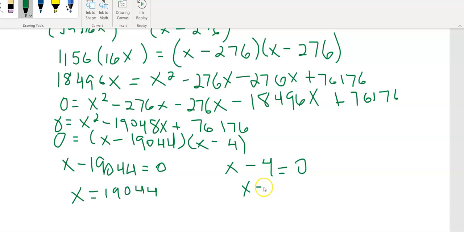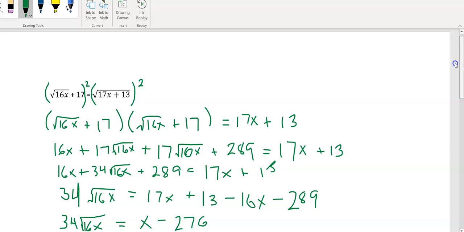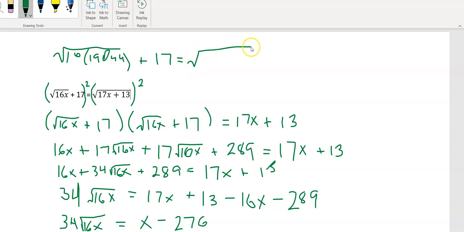So remember, with all radicals, we always have to check these to make sure that they actually work in the original. So let's start with the huge one, 19,044. Back up here where we started. So if I plug in 16 times 19,044 right here, plus 17 equal square root of 17 times... I'm sorry, not 4.